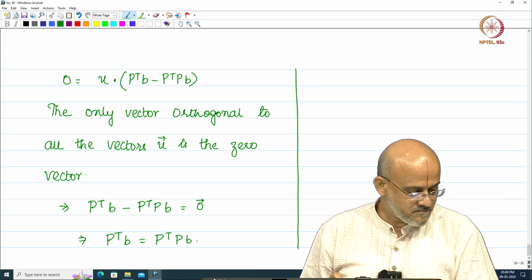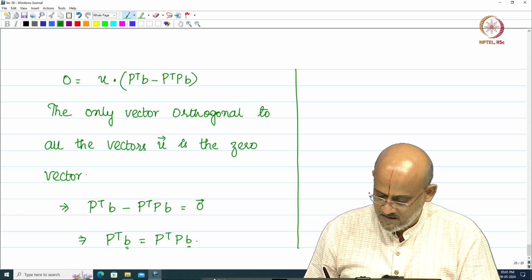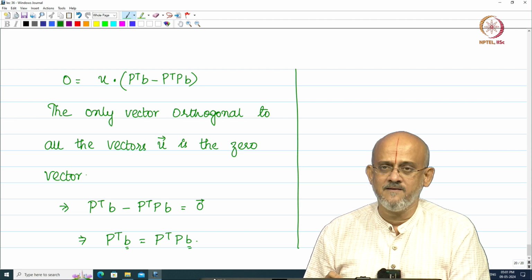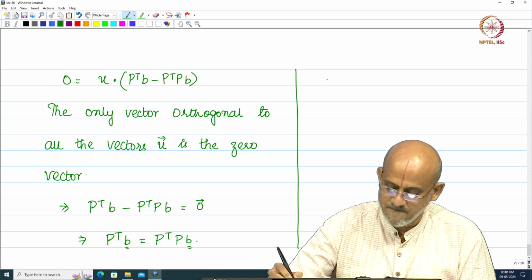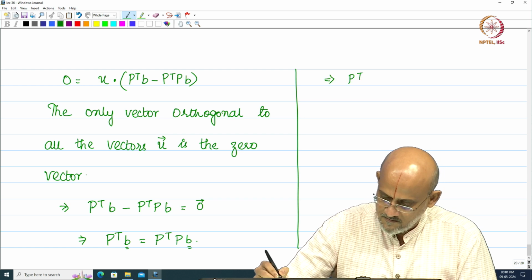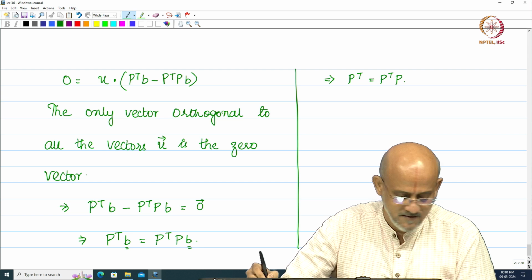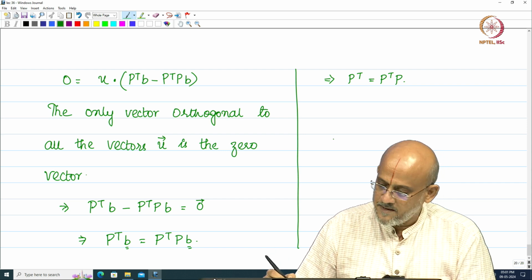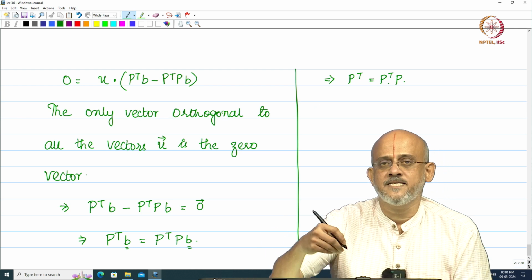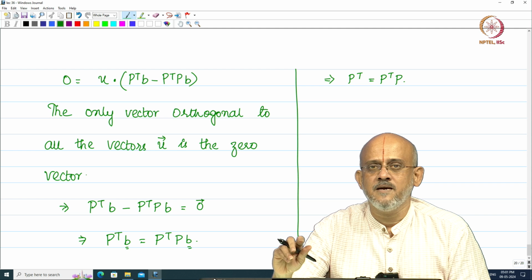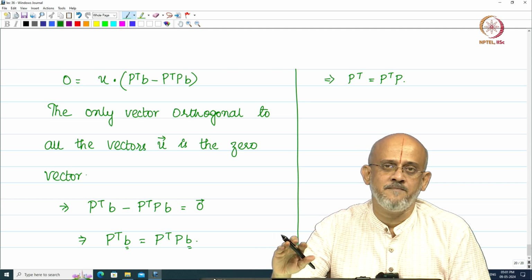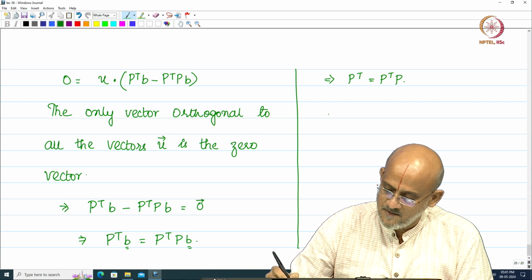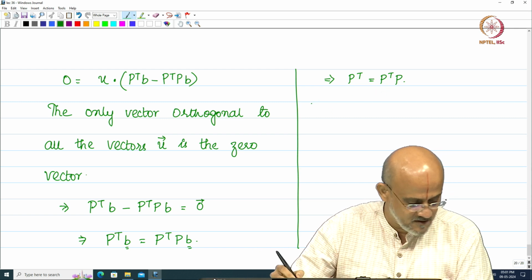This is what we have. Now on both sides we have B: on the left hand side B is pre multiplied by P transpose, on the right hand side the B vector is pre multiplied by P transpose P. This implies P transpose is equal to P transpose P. Now we already saw in the previous case where we took an m by n matrix A, and A transpose A gave a symmetric and square matrix.